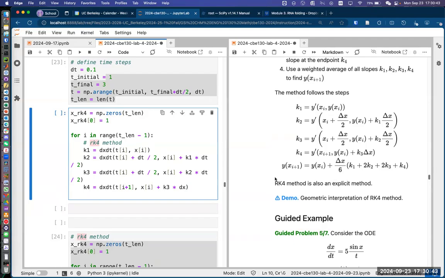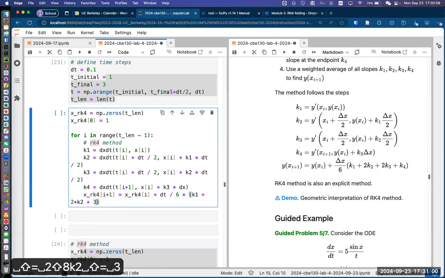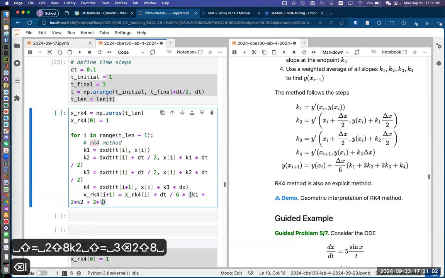So we have x of RK4 of i plus 1 is equal to RK4 of i plus dt divided by 6 multiplied by the weighted average, which is K1 plus 2 times K2 plus 2 times K3 plus K4.